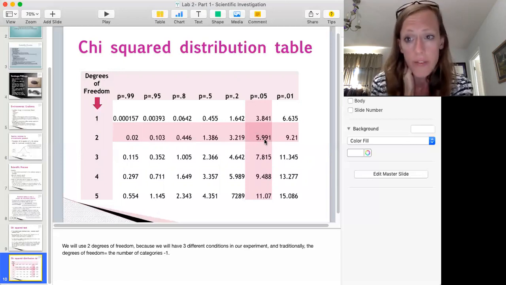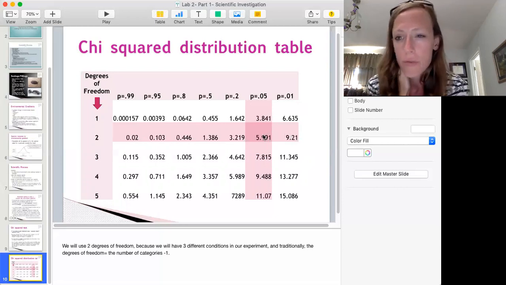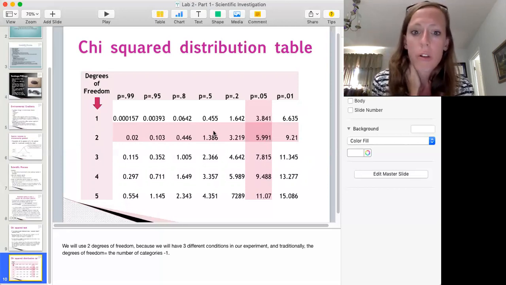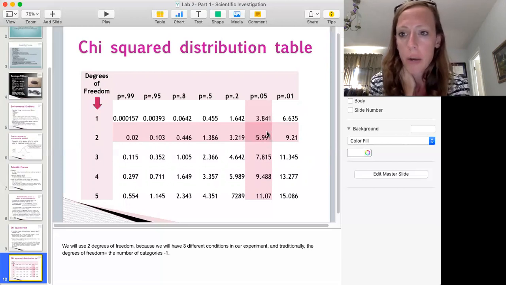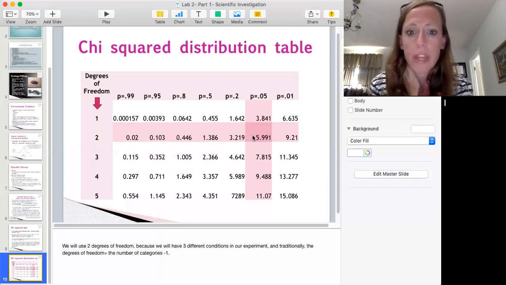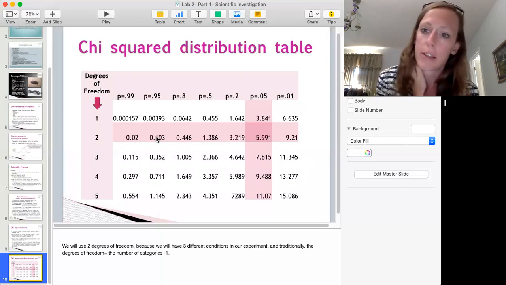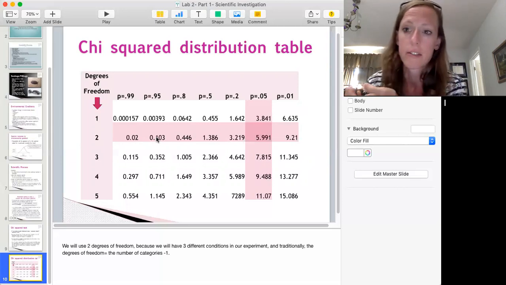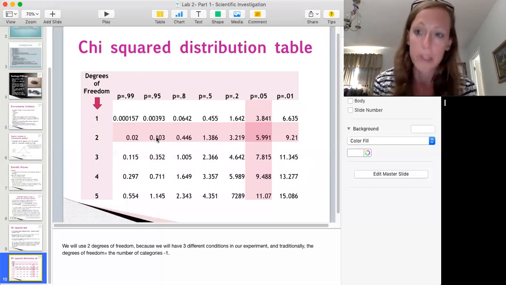If our chi-squared value is larger than 5.991, then we can say that it is outside of the realm of results due to chance. It is statistically significant then. If it is smaller than 5.991, when we do that calculation, then we can't claim that it's statistically significant, because it might be due to chance.